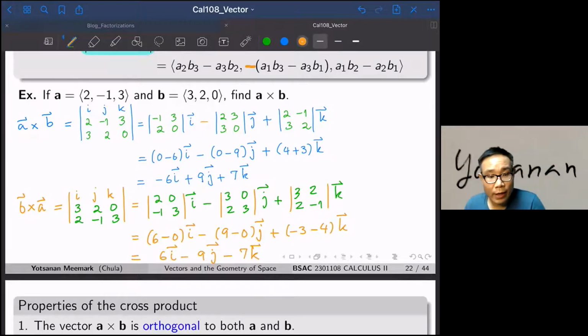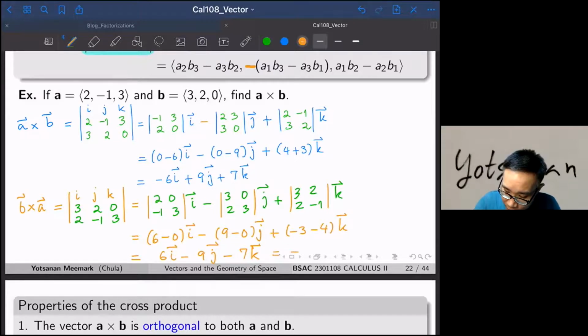And you see that the numbers that you have are identical. However, the difference turned out to be on the sign. So you have A cross B equal to negative 6, 9, and 7. However, you have B cross A, which is 6, negative 9, and negative 7. They're gonna be the same except for the direction.